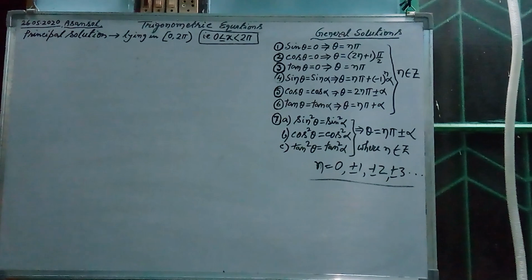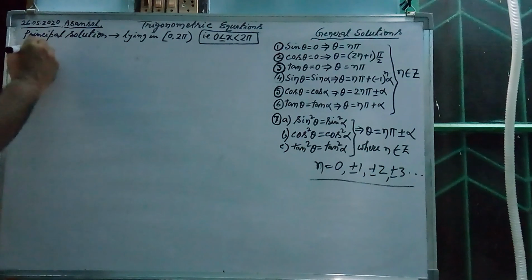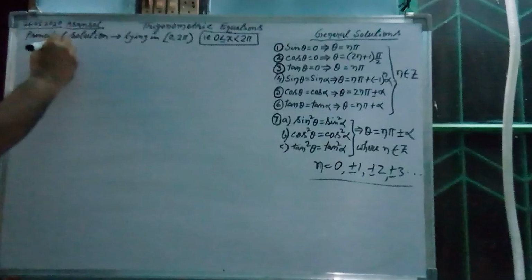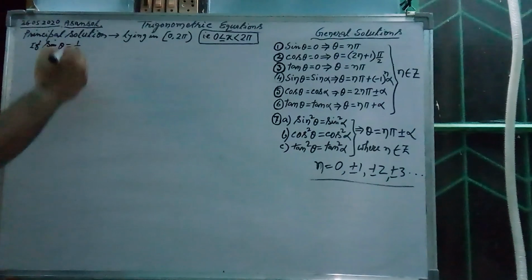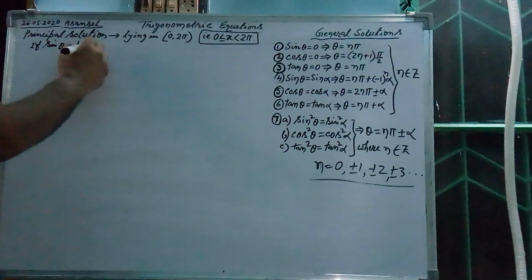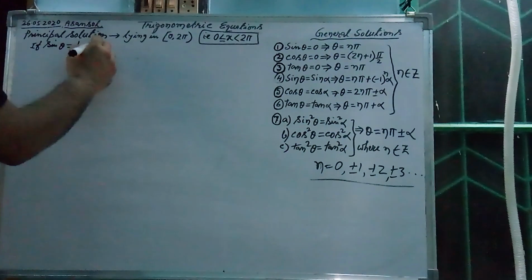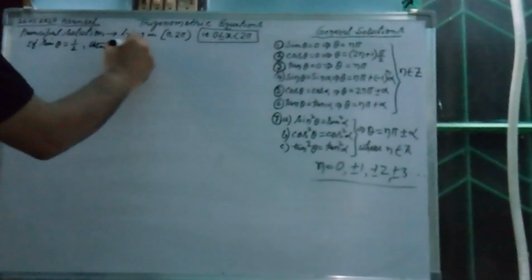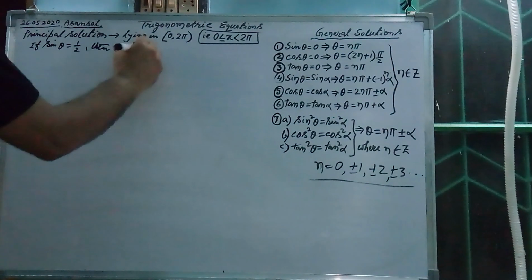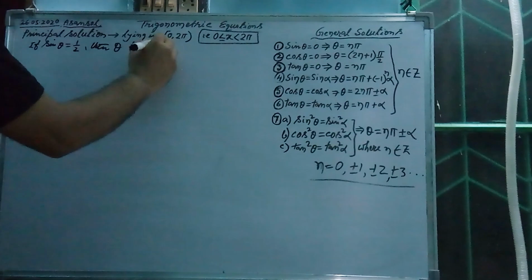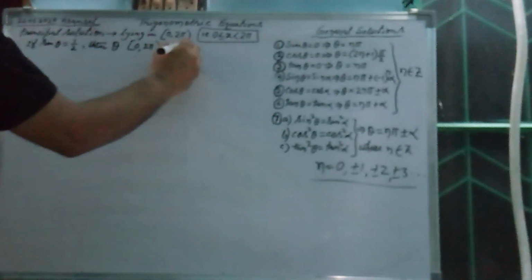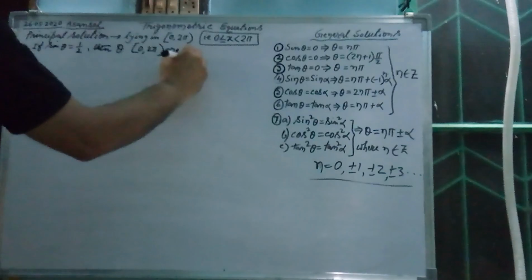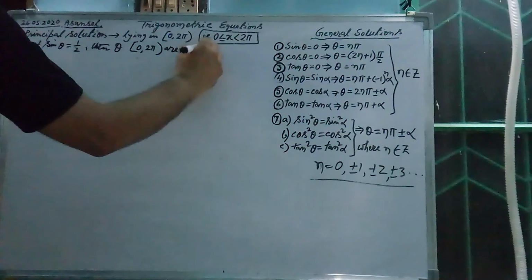Suppose sin theta is equal to half, then theta lying between 0 to 2 pi are pi by 6 and 5 pi by 6.